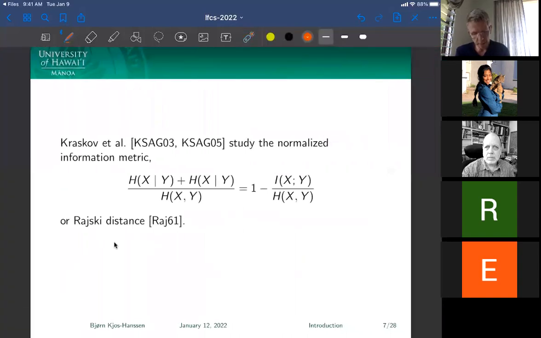This has also been studied in a very different context, where instead of cardinality of sets, you look at random variables, and then H is the entropy, and I is the mutual information. But other than that, it's the same formal pattern that's being used.